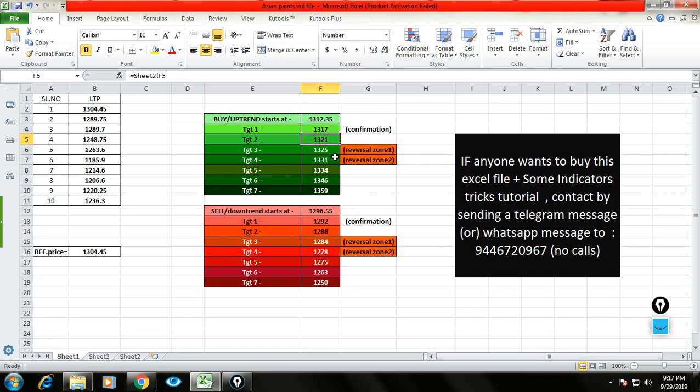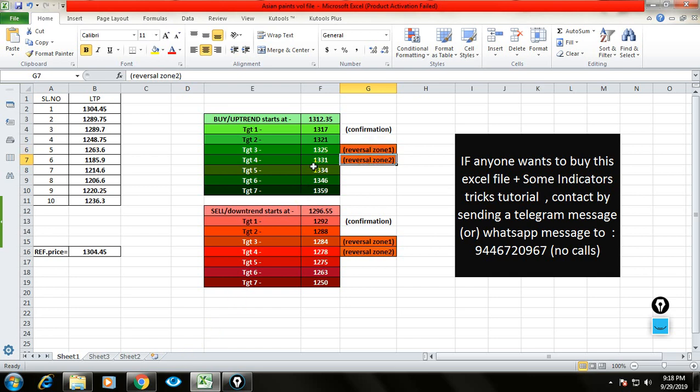Target 2 is achieved. The reversal zone 1 is nothing but a significant resistance. After this resistance, the price will be affected by these two resistances, which are of some significance.